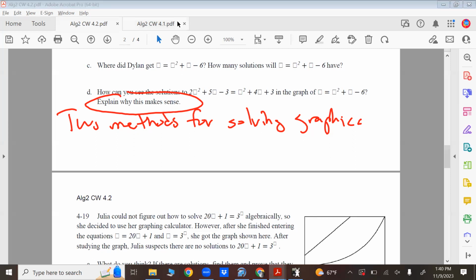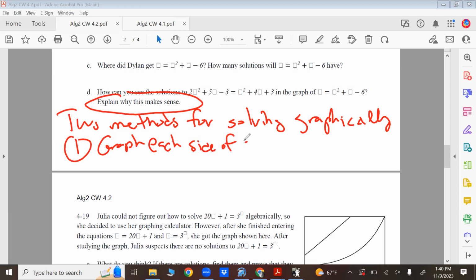Two methods are: one, graph each side of the equation, then find the points of intersection.